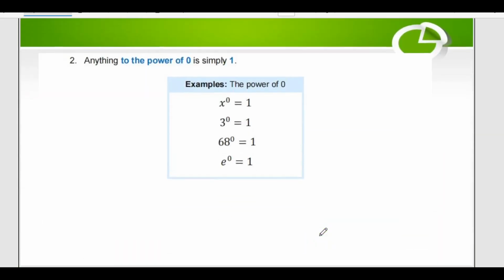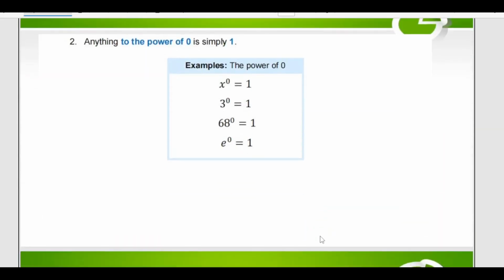Now second, anything to the power 0 is simply 1. Anything to the power 0 is 1. So for example x power 0, this gives us a rule of the exponent or indices: anything raised to power 0 is 1. You need to remember this always, it does not matter what number you have down here.